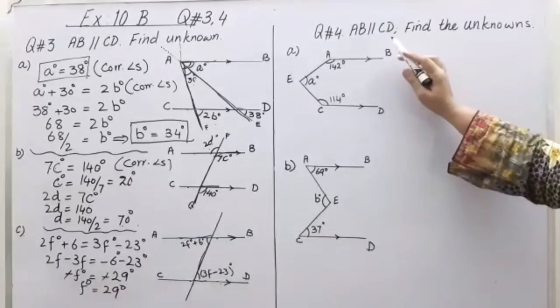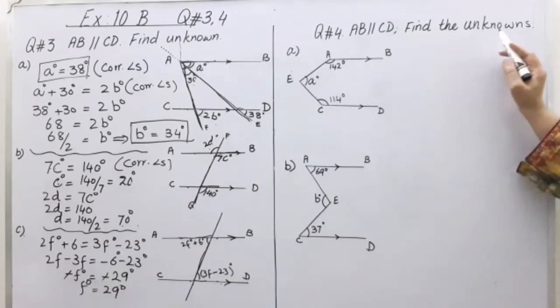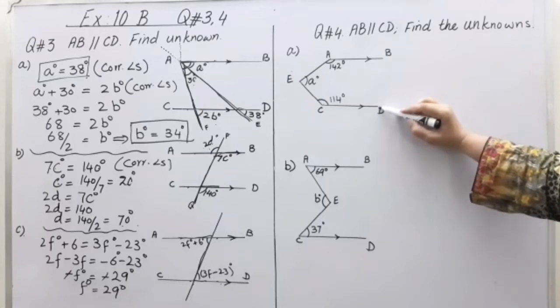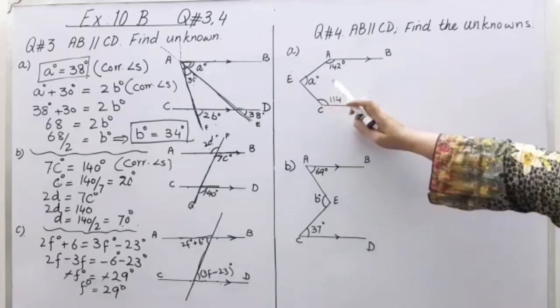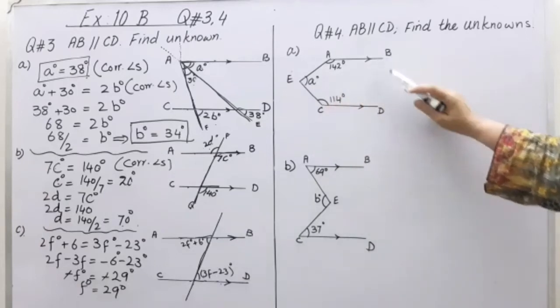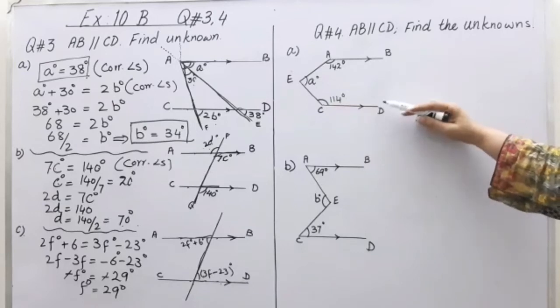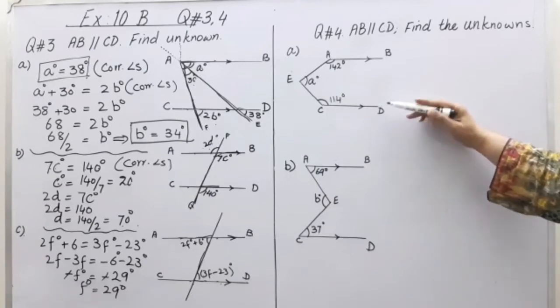Question number 4. AB parallel to CD. Find the unknown. Now in this question, AB parallel to CD and E is here and A is our unknown. Only one unknown is here. This is a special type of angle. We can do this question with two methods.